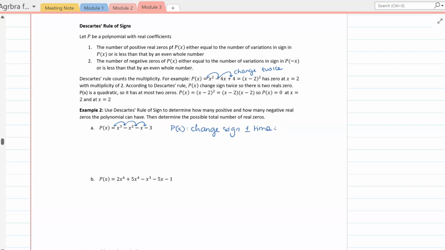This means we have either the number of variations in sign of P of x, or less than that by an even whole number. Well, an even whole number here is 2. In this case, if the sign changes only once, this implies that we have one possible positive real zero.